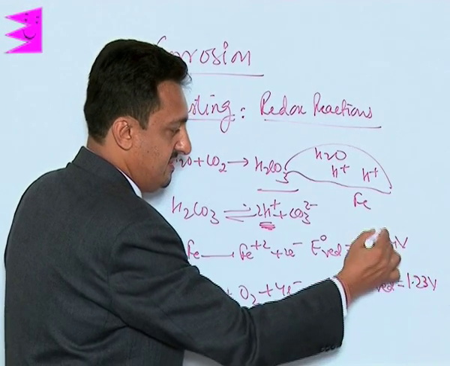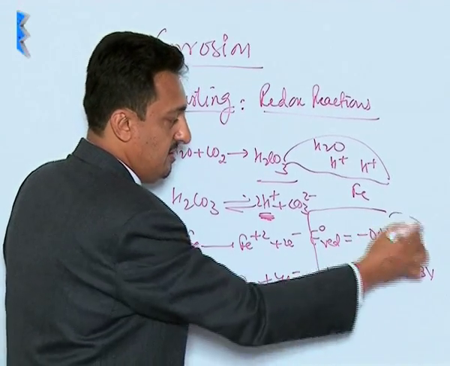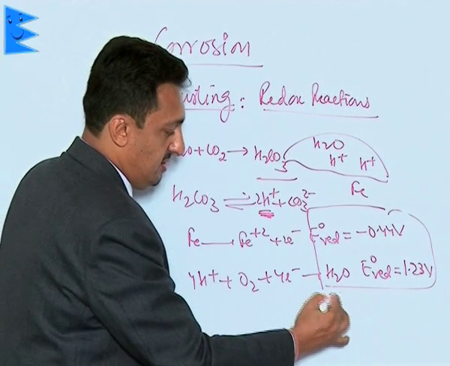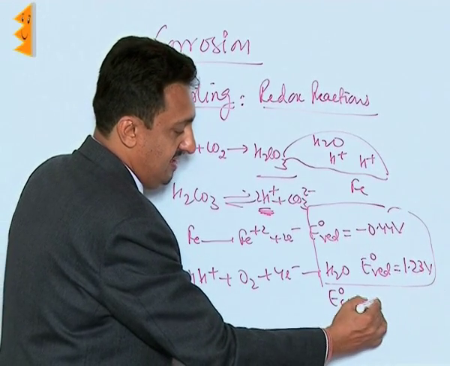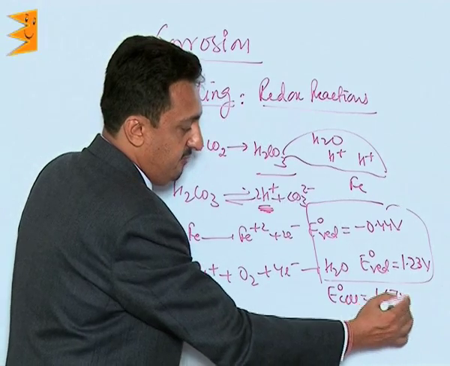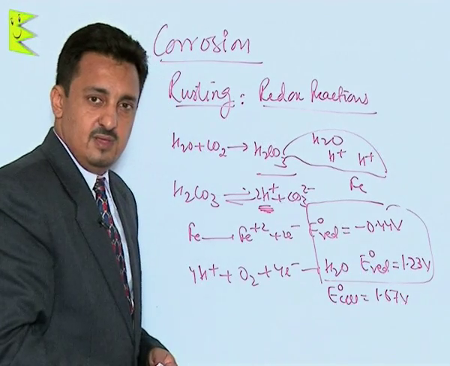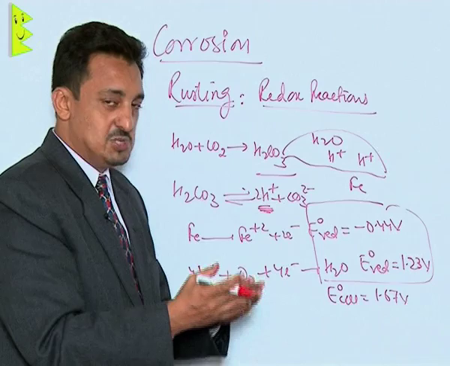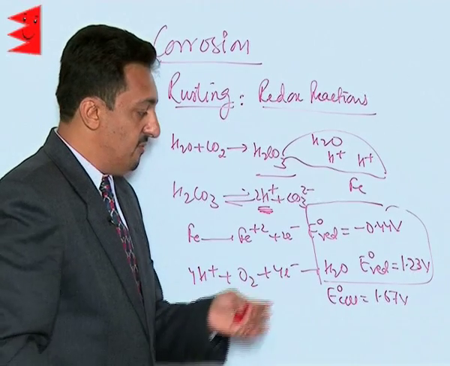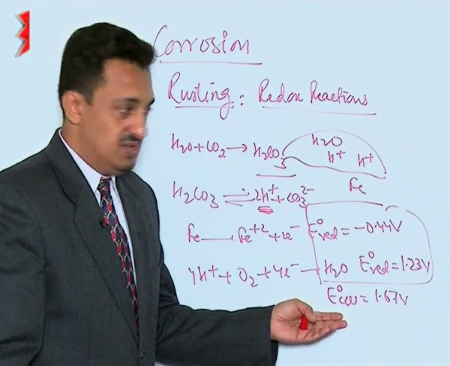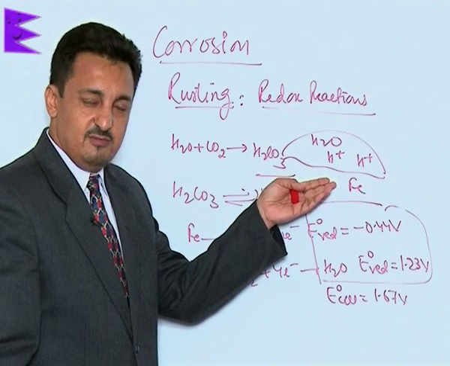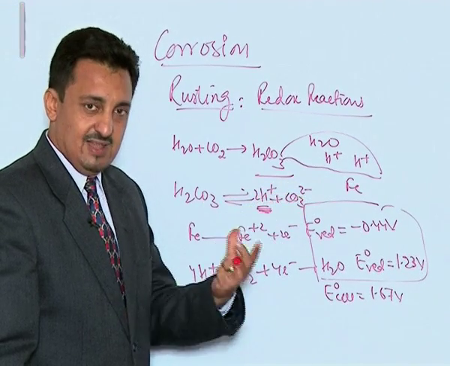So this becomes your anode, this becomes your cathode, and together they form a cell with an output of 1.67 volt, cathode minus anode. So we can clearly imagine how spontaneous this process will be, with this much cell potential, which is actually happening at the surface of the iron metal.